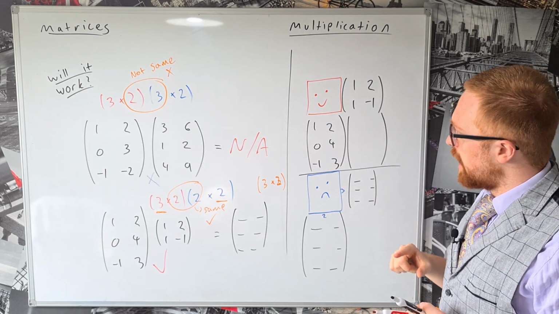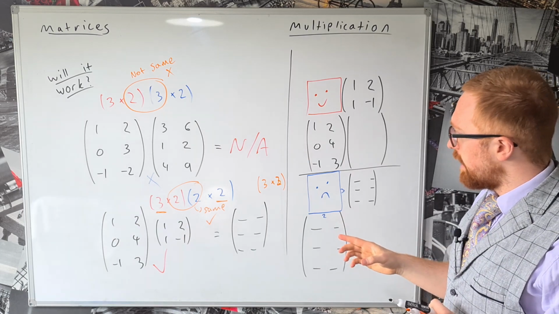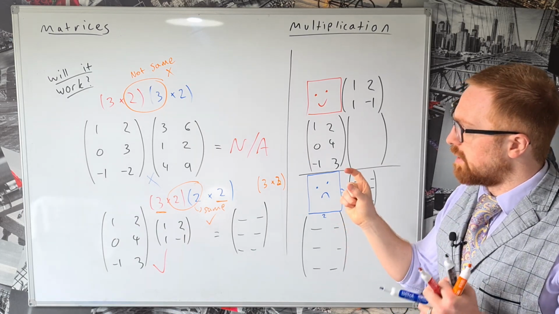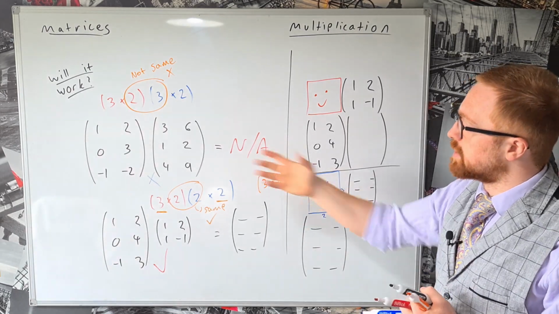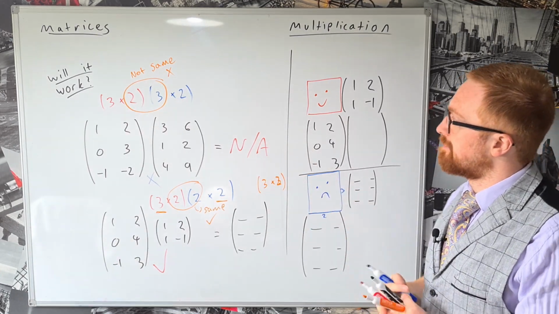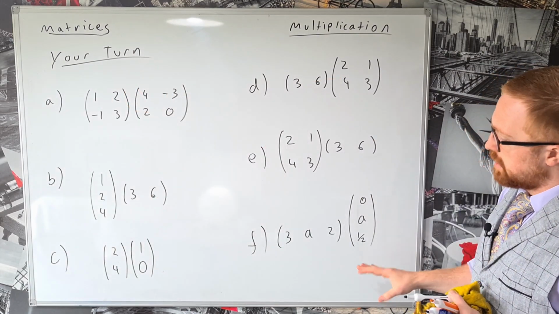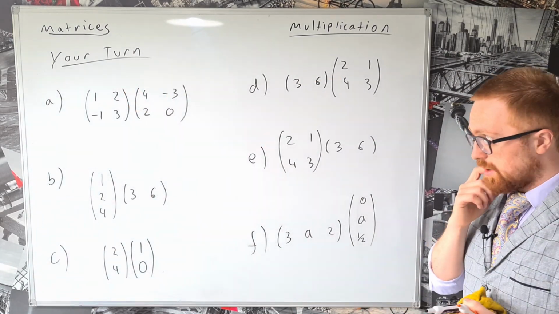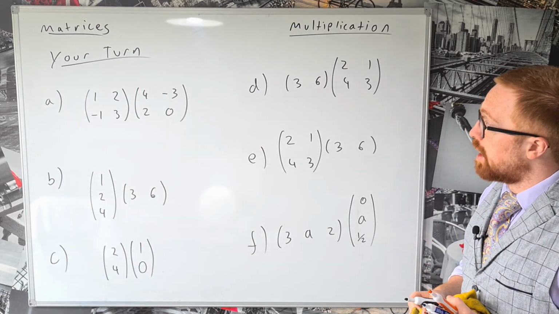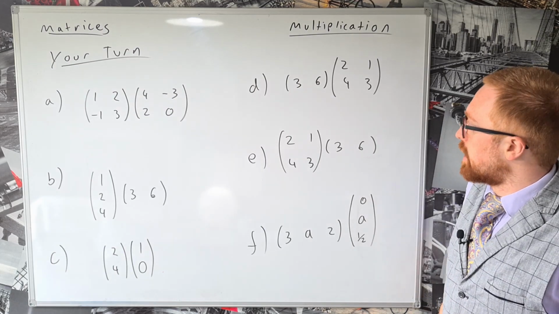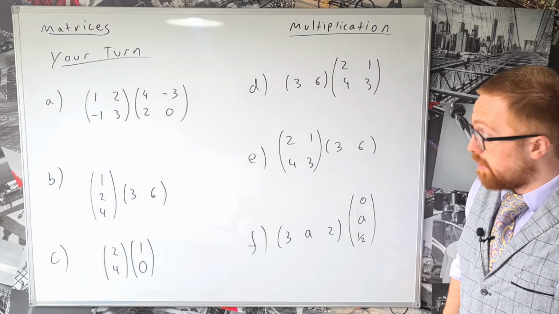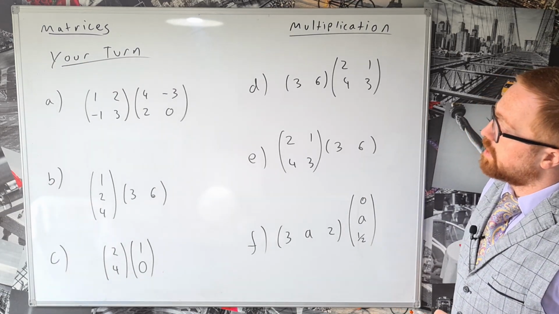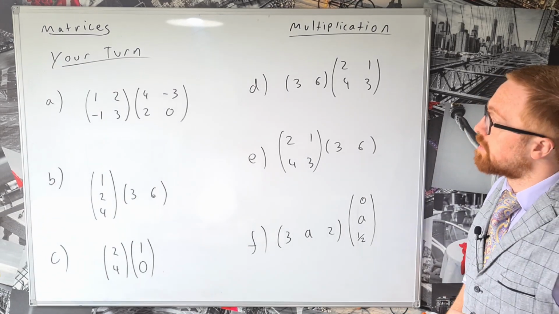Okay, so in a second we'll have a look at a little activity where you can try at home to see if you can spot what these matrices are, whether they can multiply, and what the answers will be if they can. On the board we've got 6 questions that we're going to go through in a second. But first, it's time you had a bit of practice. So if you want to pause the video now and have a go at these questions, you've got 2 jobs for each one.